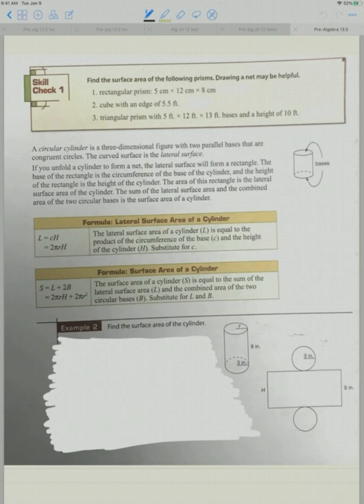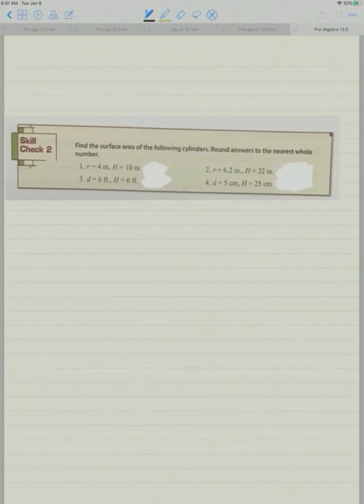All right, so skill check number 1. Find the surface area of the following prisms. Okay, rectangular prism, 5 by 12 by 8, all right? I think it's going to be easier if I just skip over to another page. So 5 by 12 by 8, I believe those were all centimeters.